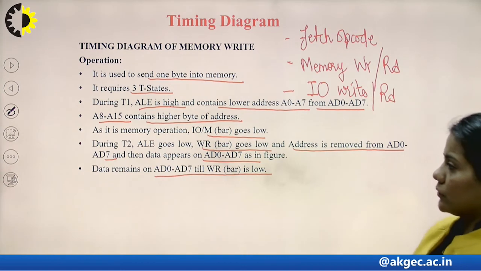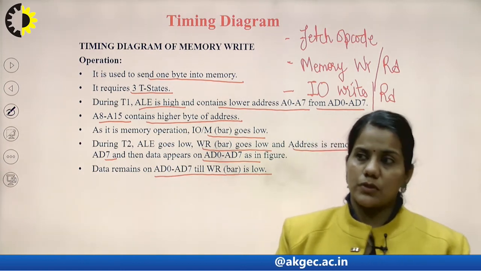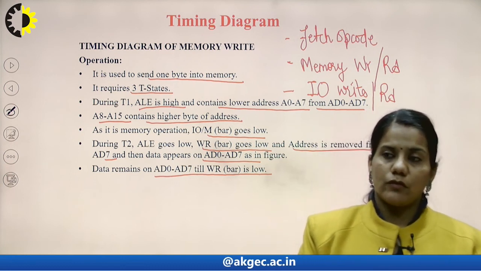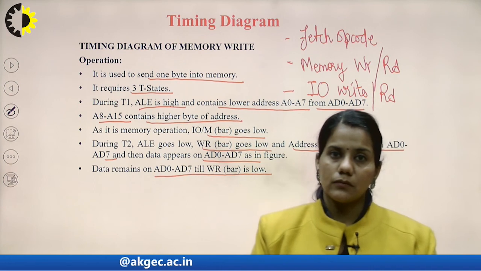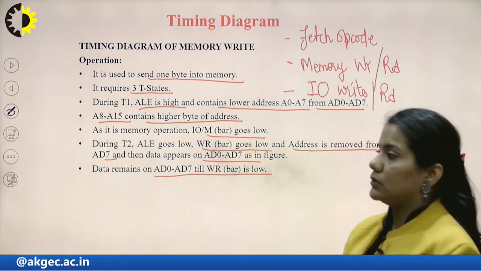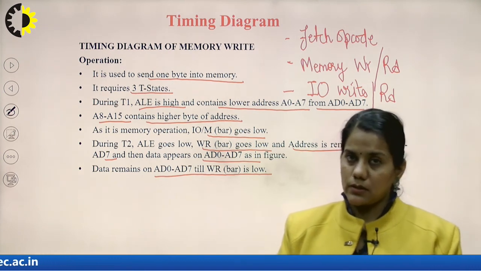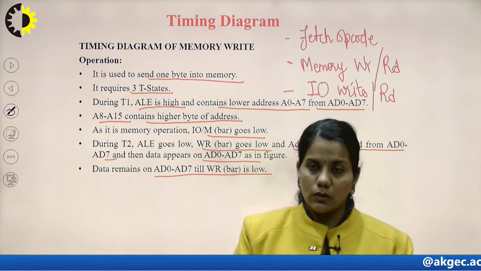And the few things that we have to keep in mind while drawing the timing diagrams is that we have to remember how many T states are occupied in these machine cycles. Next, we have to show the status and control signals, that is IO/M-bar, S1 and S0.